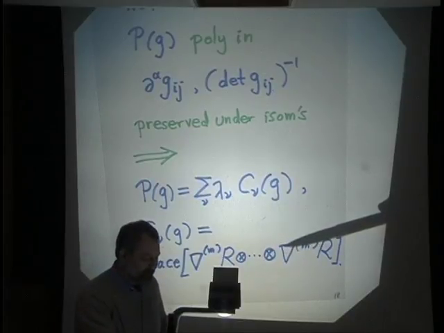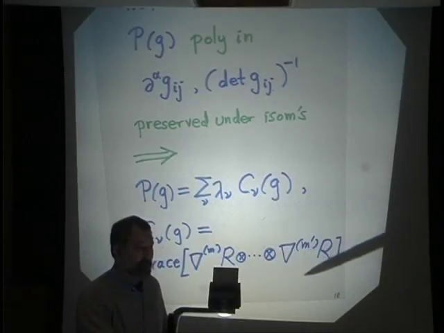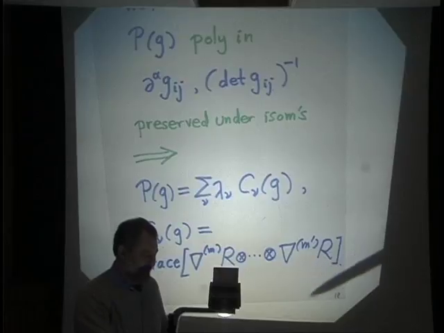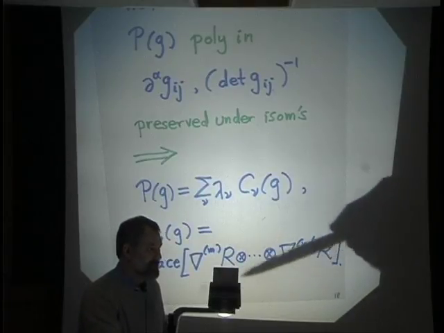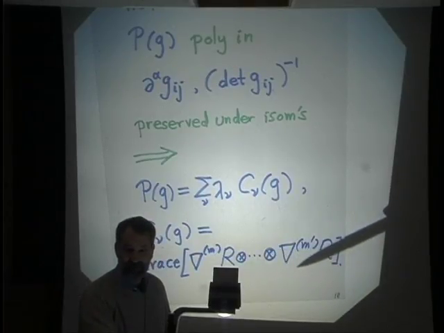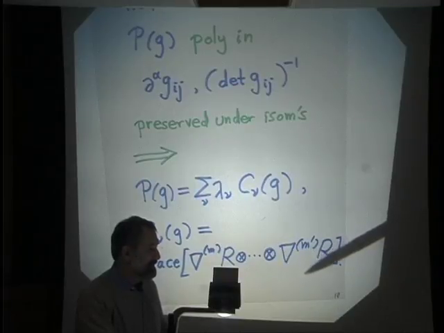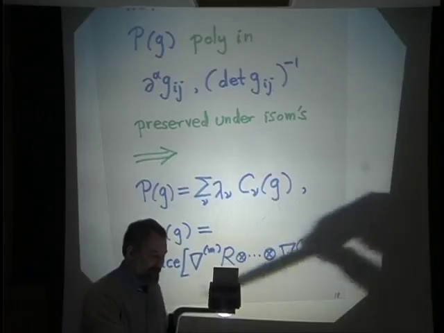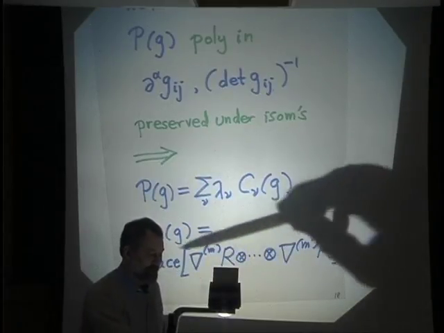And now we have a great big tensor with a whole lot of indices. With any luck, there are an even number of indices. And so then you introduce some pairing of the indices, and once you have paired up the indices, you can then contract in all indices with respect to the metric. And that's what this expression means. That's what a C nu means.